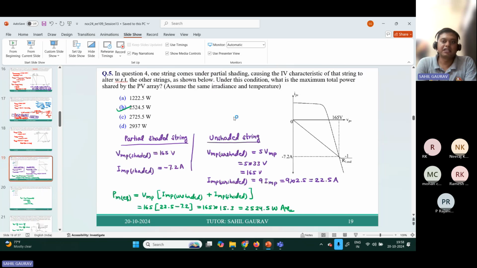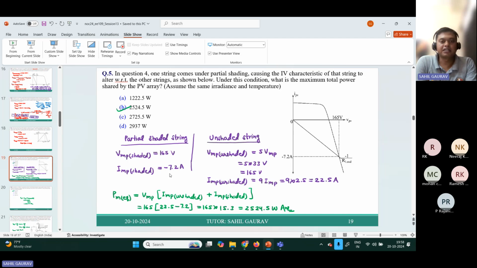Now the second part asks: one string comes under partial shading, causing the IV characteristic to follow this IV curve. In this condition, what is the maximum total power delivered by the PV array? As I said earlier, for the series connection, if some module goes into partial shading, it will have a negative voltage contribution.